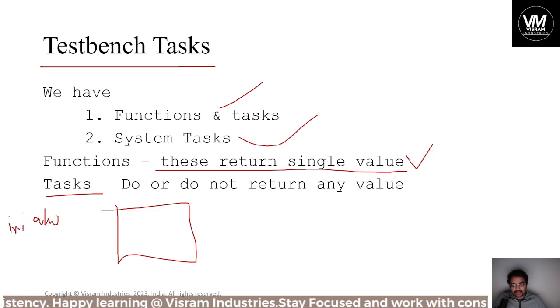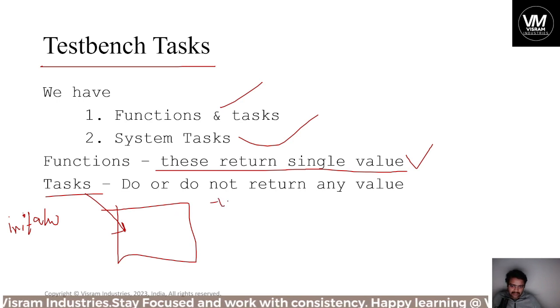Imagine tasks as some set of operations to be executed.